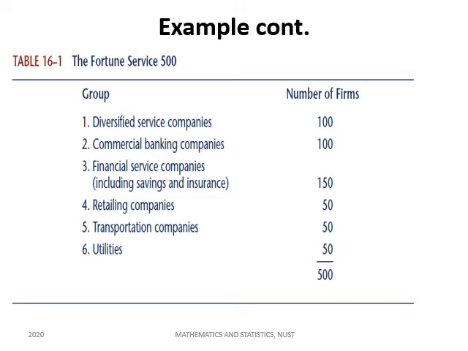So if you were to do a simple random sample here, what you might get is you might get a large number of banking companies and financial service companies, because these form the greater part of the companies. You can see I have 100 diversified service companies, 100 commercial banking companies, 150 service companies.